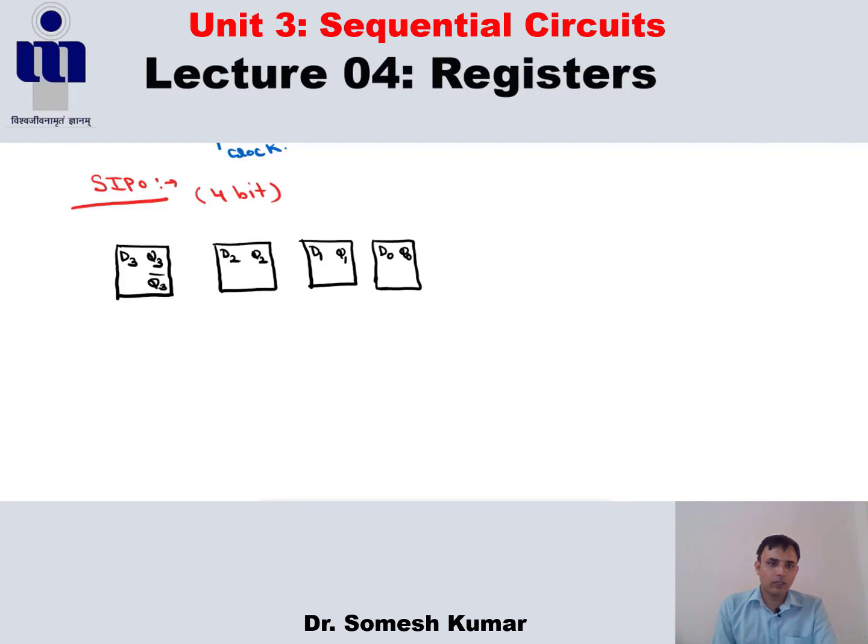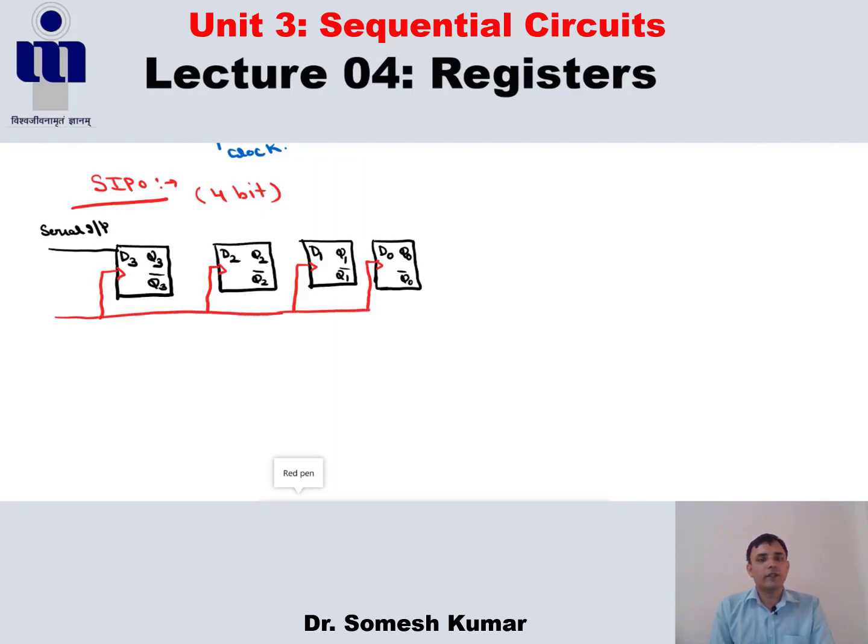This is Q3 bar, this is Q2 bar, this is Q1 bar and this is Q0 bar. Fine. This is the serial input and this is our clock. One synchronous or parallel clock is given to all the flip-flops like this, and similar to the SISO, this is an edge-triggered clock and there is no bubble, so that's why it is called the positive edge-triggered clock.